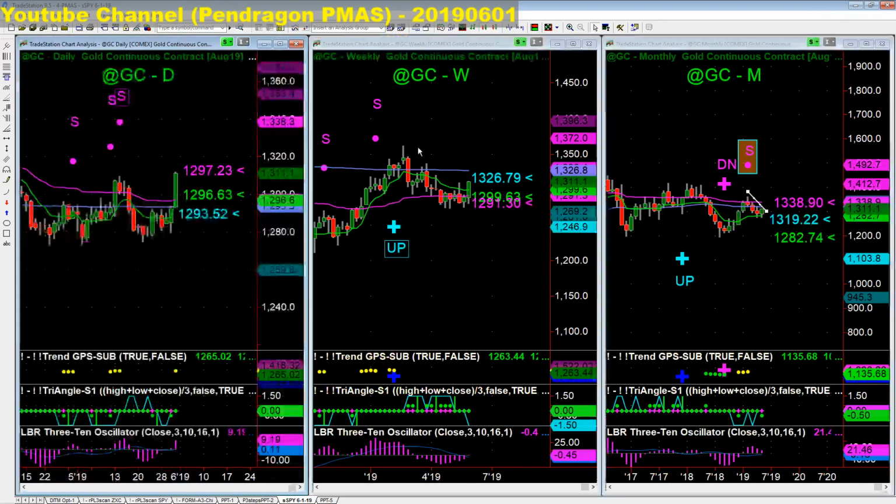We have an S that stands for short signal. But this is way back already. This is almost 2 weeks ago. This is a daily chart. So that signal, if you took a short position right there, you would have made your money already. So that one is irrelevant. So that's step one.